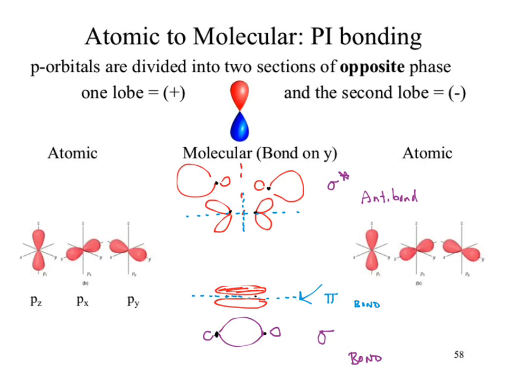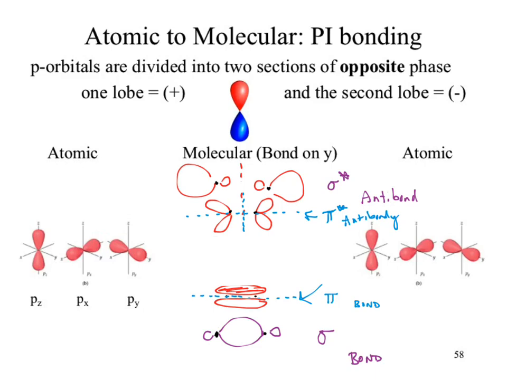The one up above gets referenced as a pi antibond or a pi star because the electrons are actively avoiding the space in between the nuclei. Okay? And we now end up with some more molecular orbitals if this was the type of system we were looking at. We could also do it with the pz, the ones coming in and out of the plane at us, but those are going to be really confusing to see.